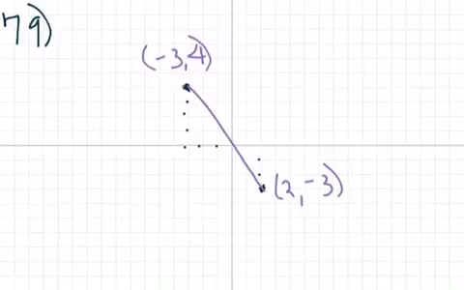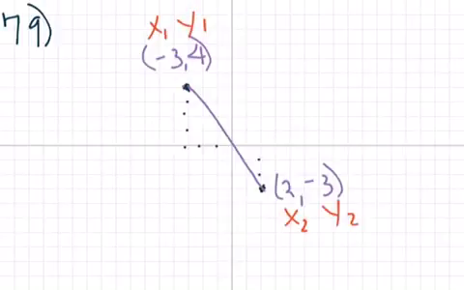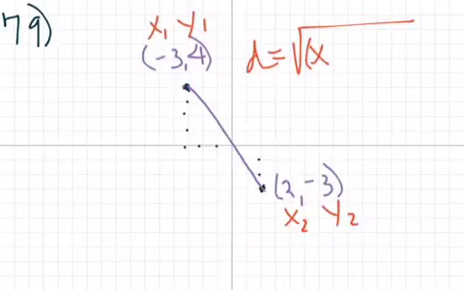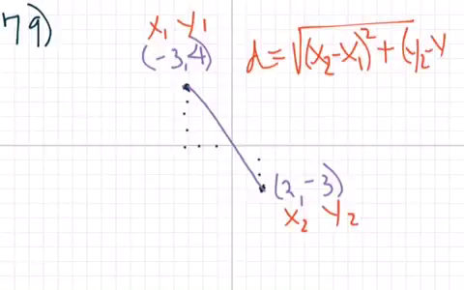And so we need to label our points x1, y1, x2, y2. And the distance formula is the square root of x2 minus x1 squared plus y2 minus y1 squared.